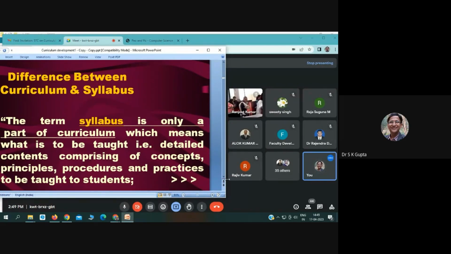So in the syllabus, we teach some concepts, we teach some principles. Based on the concepts, we teach some principles. And on the basis of principles, there are some procedures or practices which we teach to the students.